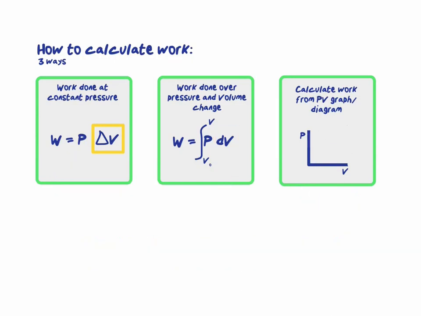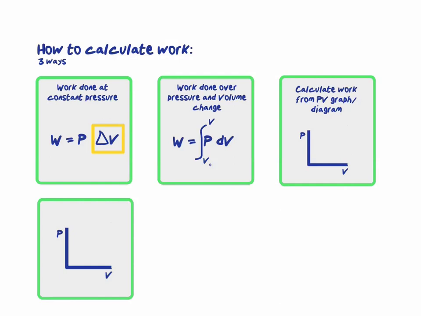The first way, where I would be using the P delta V equation, would only be possible when pressure is constant. So that would be something that looks like this. This is showing a change in volume from point A to point B, but no change in pressure. This is a process that we call an isobaric process.